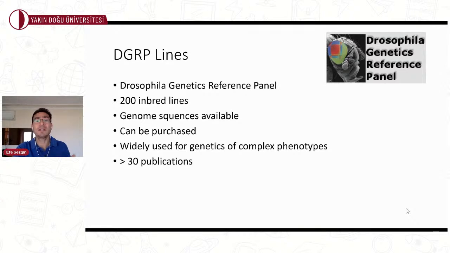Obviously, the only difference is the sex chromosome between males and females. So they have 200 of these lines, representing 200 genomes. Moreover, their genomes have been sequenced and are available, and you can buy these lines from the Drosophila stock centers. So far, they've been widely used to understand the genetics of complex phenotypes. There are over 30 publications using these DGRP lines to answer the genetic basis of complex phenotypes.